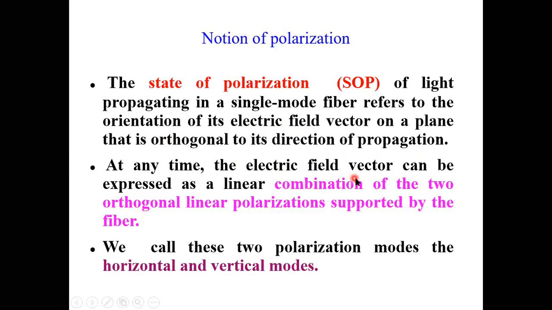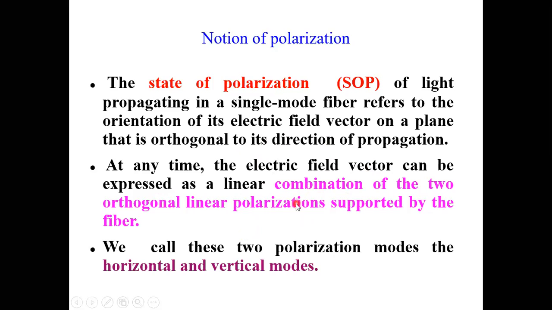At any time, the electric field vector can be expressed as a linear combination of two orthogonal linear polarizations supported by the fiber. This point we had already discussed when we studied polarization mode dispersion. So a single wave is a combination of two orthogonal linearly polarized signals. The same concept we are using over here.